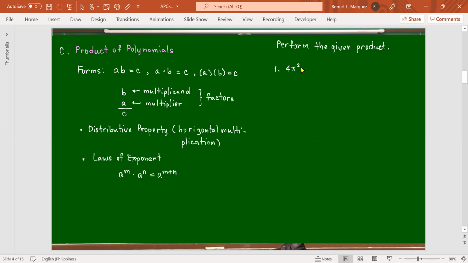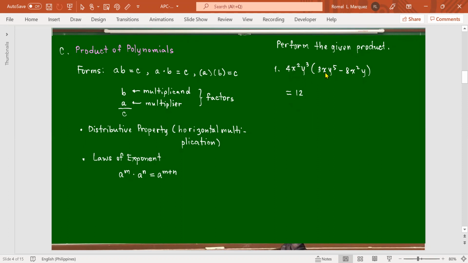4x squared y cubed multiplied to 3x y to the 5th minus 8x squared y. So we apply distributive property, right, guys? Multiply 4 to 3, that is 12.